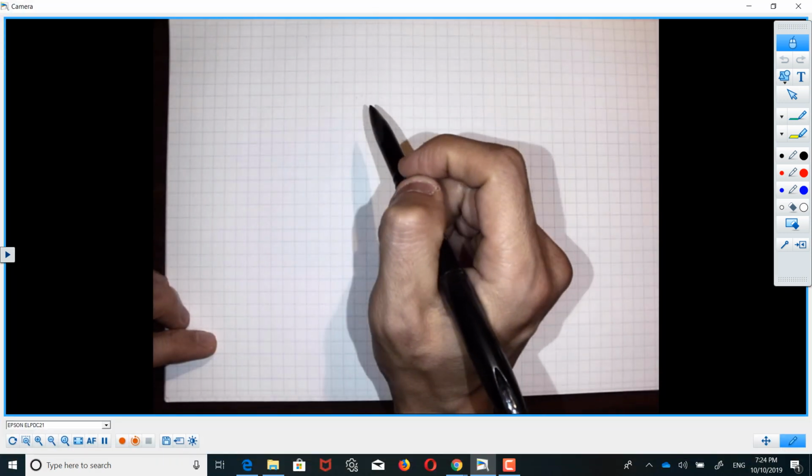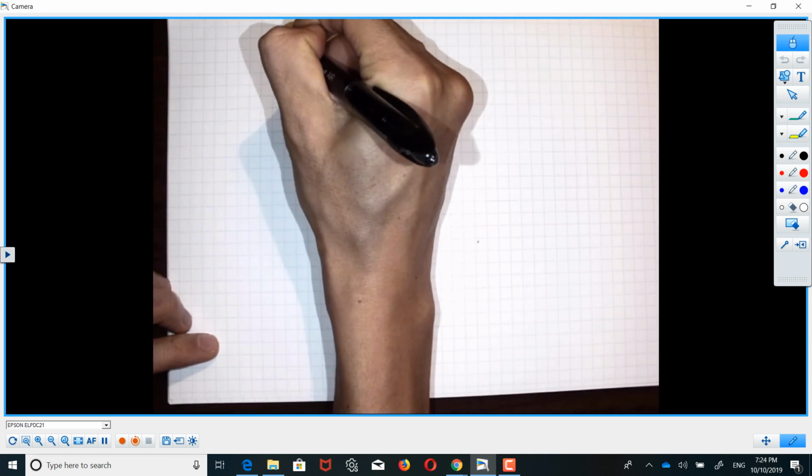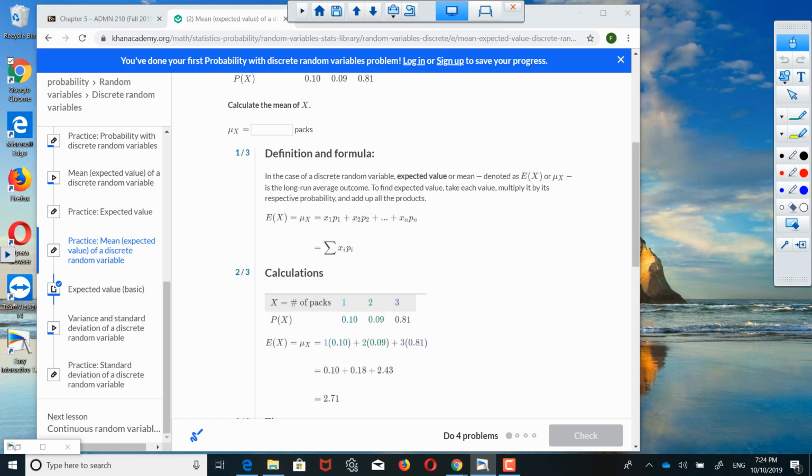We have a random variable x, which represents the number of packs of cards that he buys.